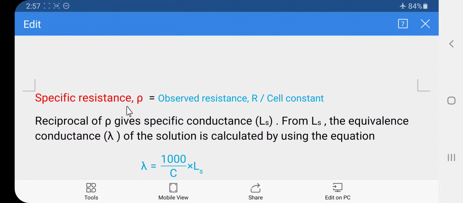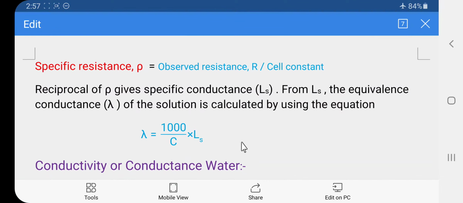So when we determine the specific resistance, all of you know how the specific conductance is defined. The specific conductance is denoted by the symbol Ls, and Ls is equal to 1 upon rho. If we determine the specific resistance rho, then from this rho we can find the value of Ls, and from Ls the equivalent conductance lambda of the solution is calculated by using this relation: lambda is equal to 1000 divided by C into Ls.